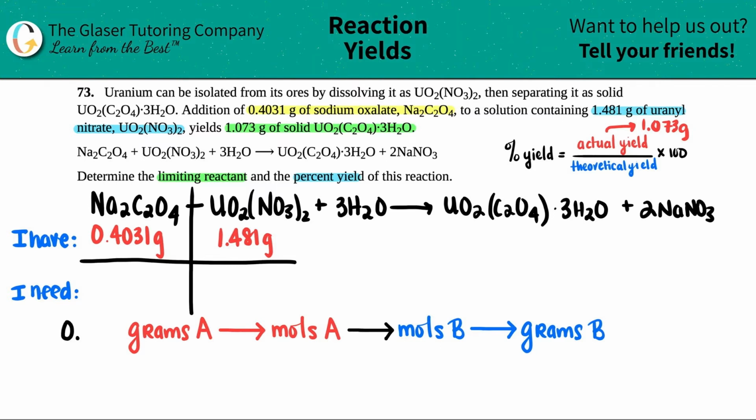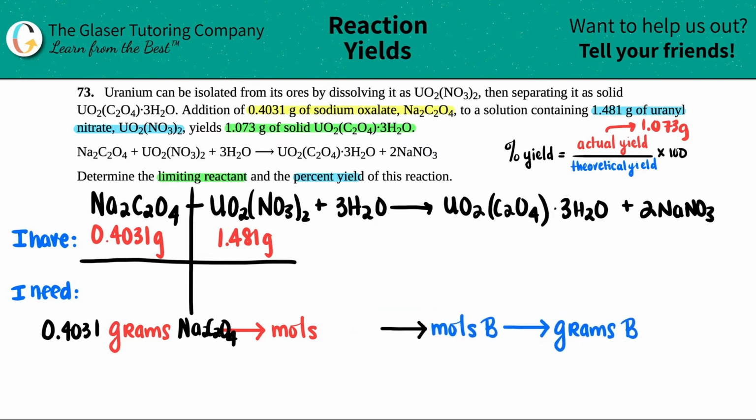We're going to start with 0.4031 grams of, not A anymore, but specifically Na2C2O4. And just remember, you could have started with the other one, it doesn't matter. I can get the moles of Na2C2O4, and then I'm going to get the moles of the other reactant.